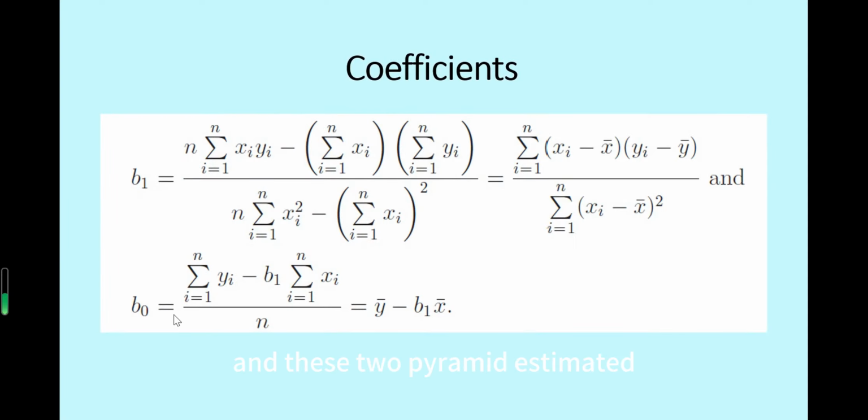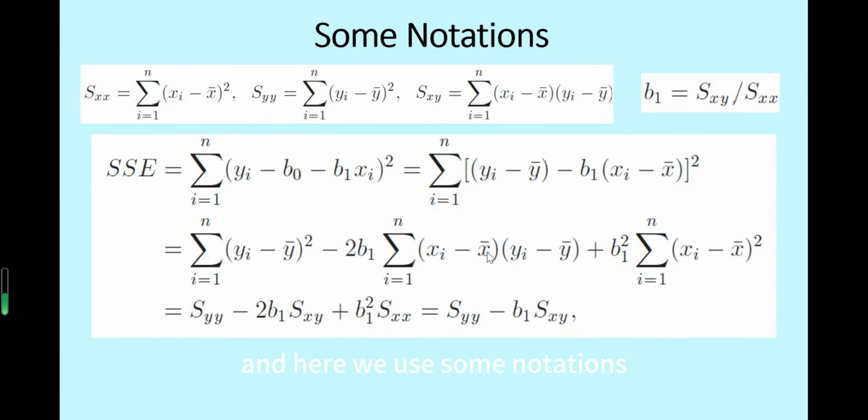These two estimated parameters, also called point estimates for intercept b0 and slope b1, come from the observed data x and y, where x is a deterministic variable and y is a random variable. Here we use some notations.